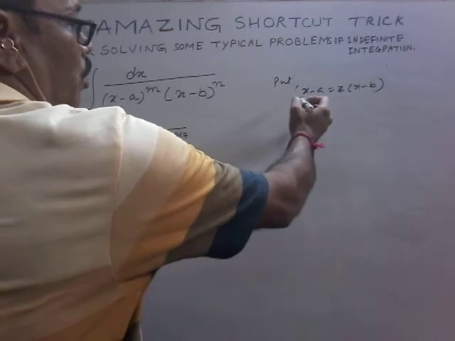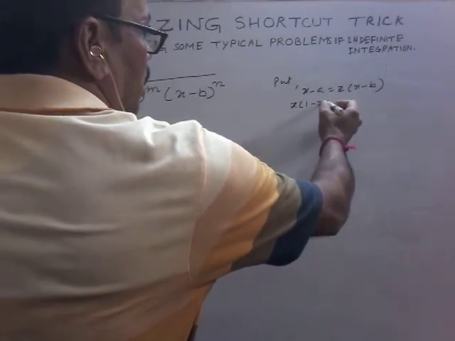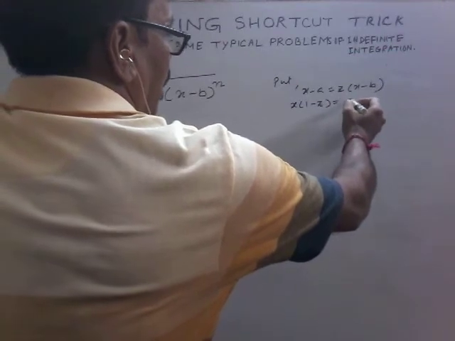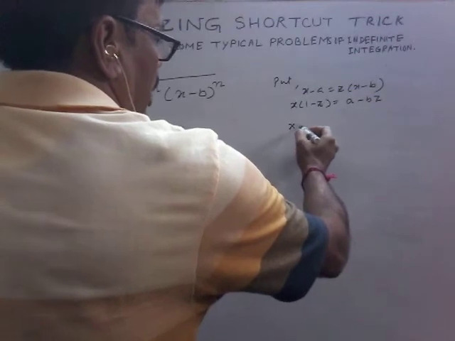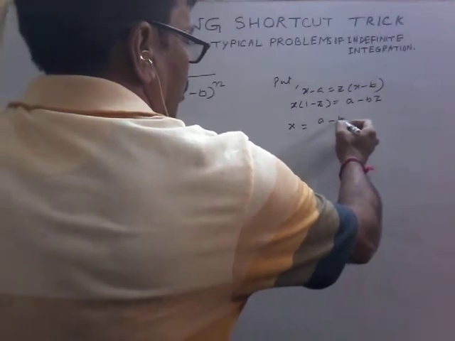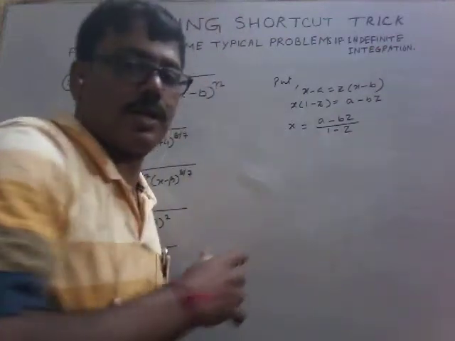So what is x? x is (a minus bz) by (1 minus z).